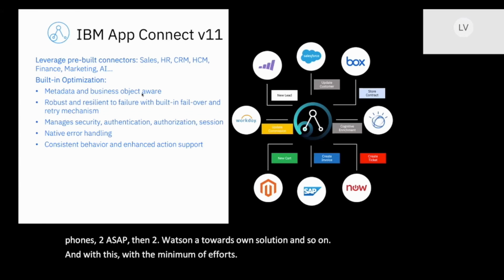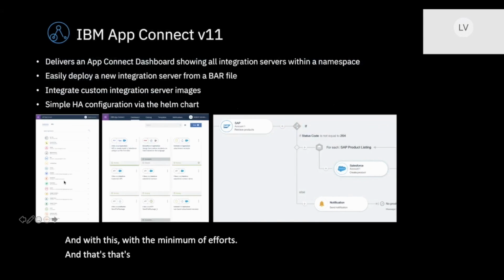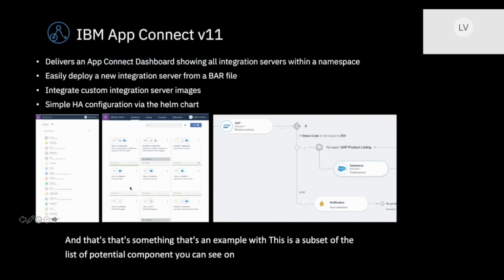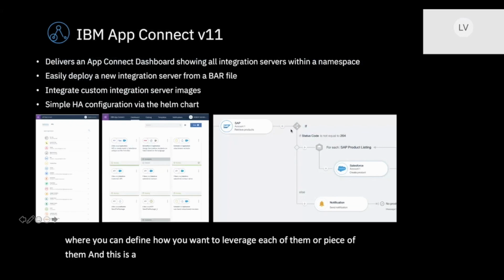That's an example. This is a subset of the list of potential components you can see on the left of the screen. That's where you can define how you want to leverage each of them or pieces of them. And this is the data flow, in this case by using the designer of IBM App Connect.